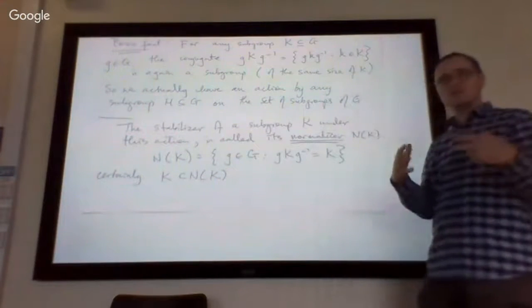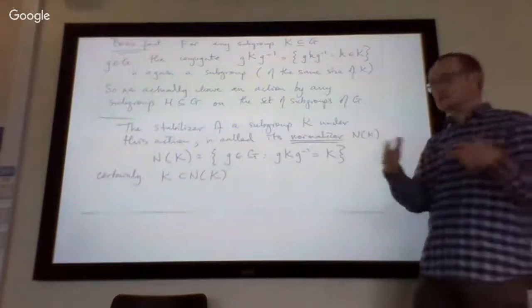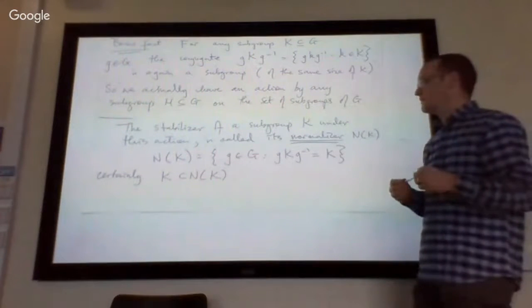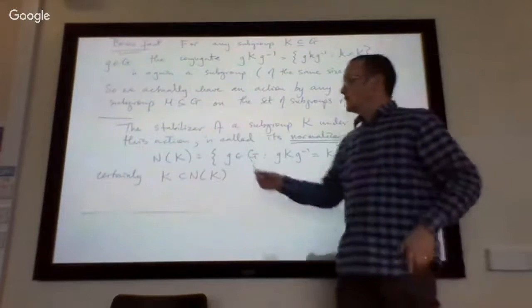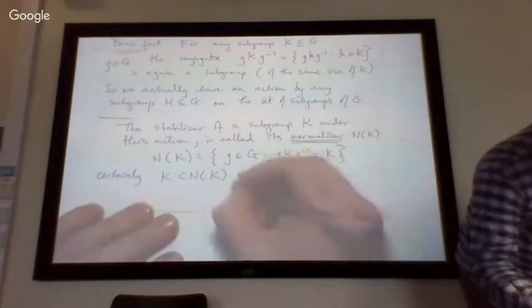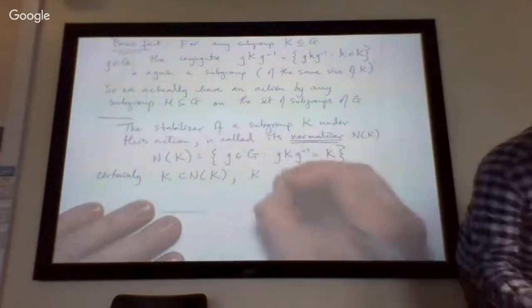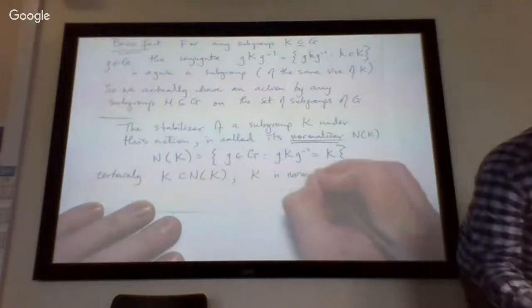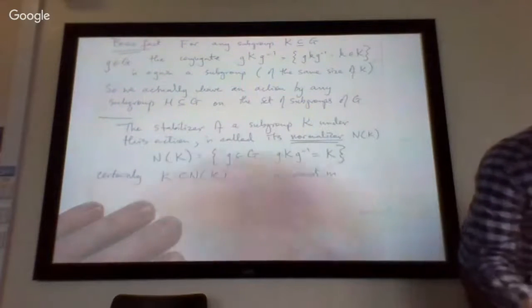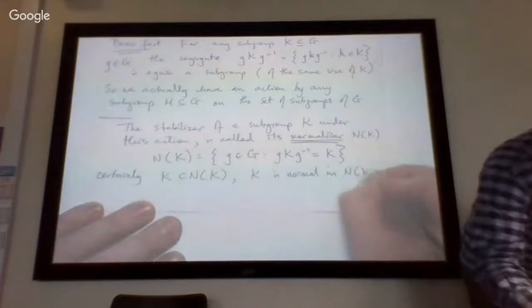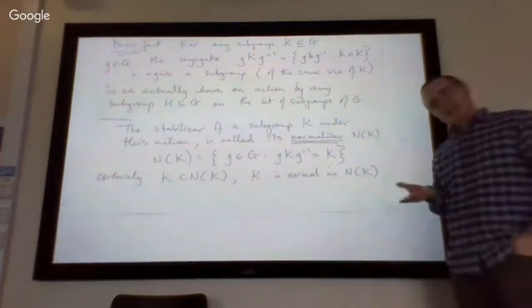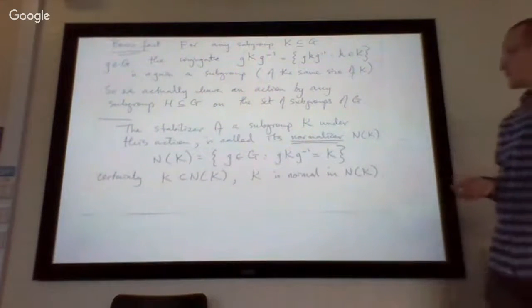Okay, and the subgroup is closed with respect to the operation, so all the elements are just going to move around with each other. So K is certainly a subgroup of NK. Secondly, K is normal. Not necessarily in the whole group G, but it's normal in the group NK, in its own normalizer.